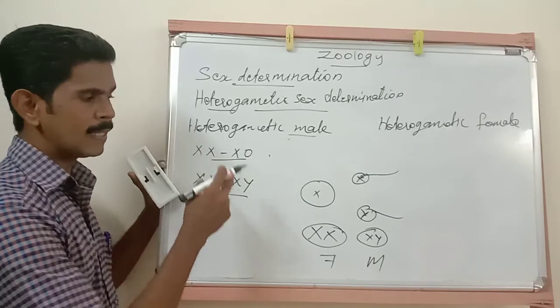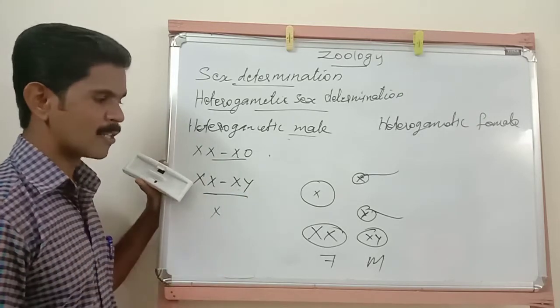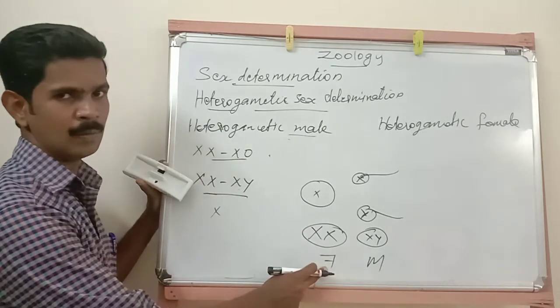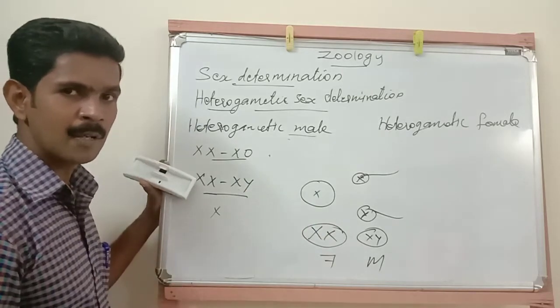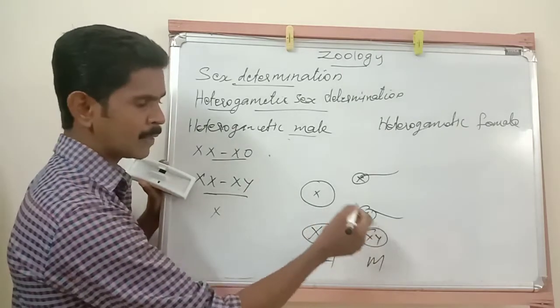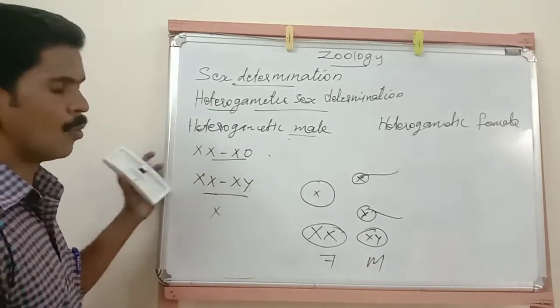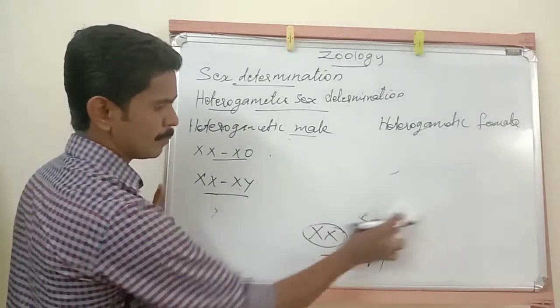When an egg is fertilized with a sperm bearing X chromosome, that fertilized egg becomes a female embryo. When an egg is fertilized with a sperm bearing Y chromosome, that egg becomes a male embryo. I hope you all understood this XX-XY type of sex determination.